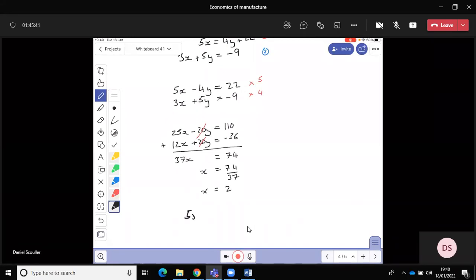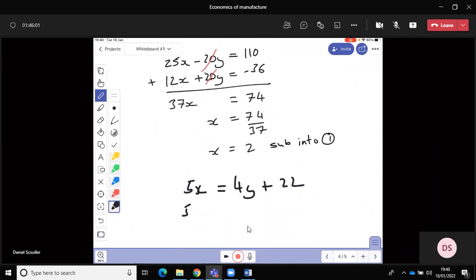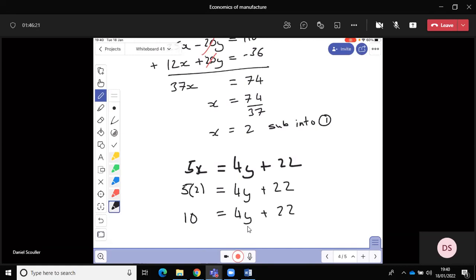So into equation 1, and you can keep it in this form if you want. That was originally the way they gave you it. x equals 2, substitute into 1. 5 times 2 is 10, equals 4y plus 22.